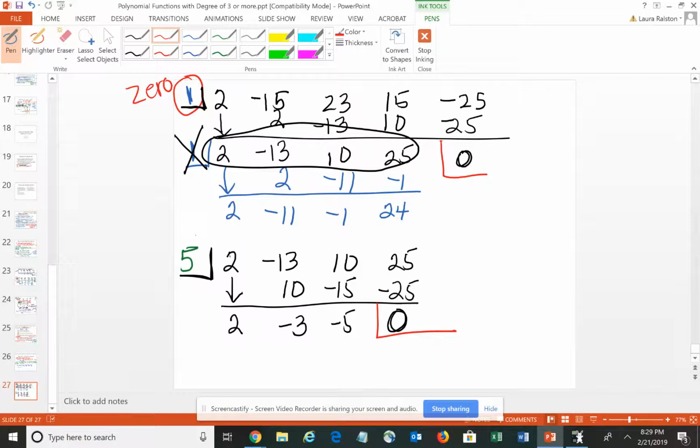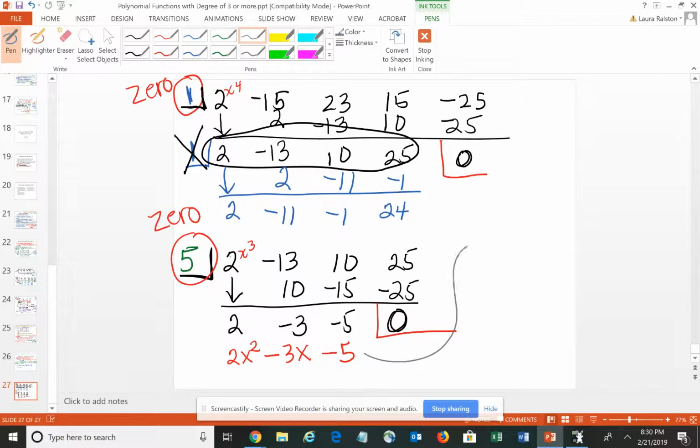So that tells me that 5 is a 0 of my polynomial function. And remember, we started with x to the 4th. I dropped it down to x to the 3rd, and now I'm down to 2x squared minus 3x minus 5. So I have a quadratic, and I possibly can factor or use the quadratic formula to find the rest of my zeros and not have to do this trial and error or synthetic division.